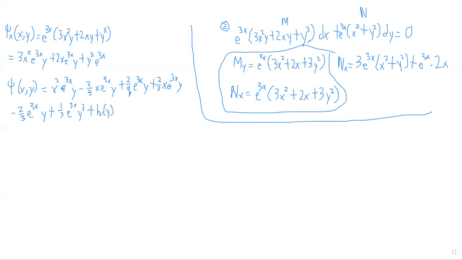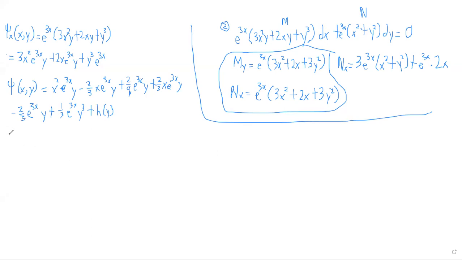And remember, we're adding the h of y here because when you differentiate this with respect to x, h of y goes to 0. So now we have this. Let's differentiate it with respect to y.